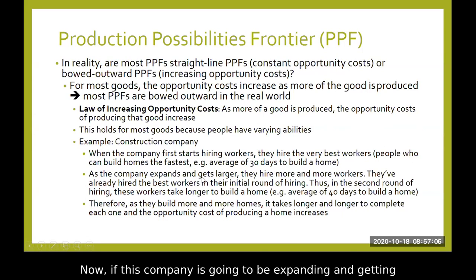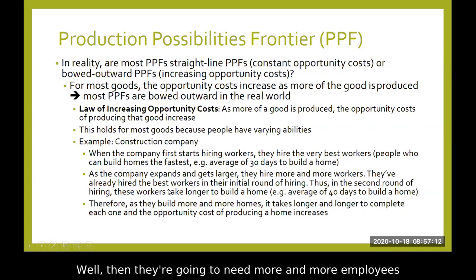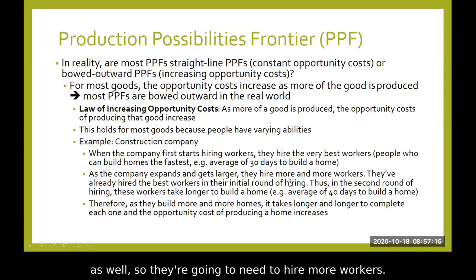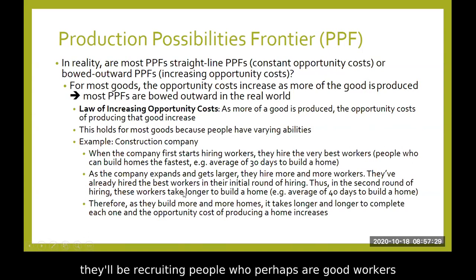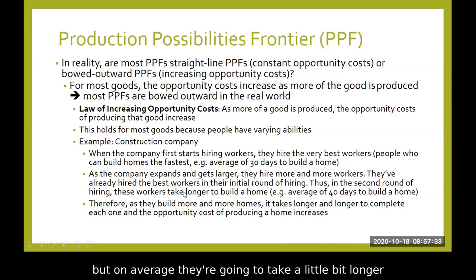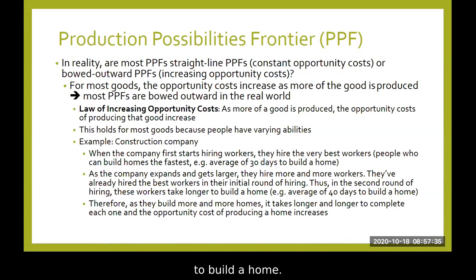Now, if this company is going to be expanding and getting larger, let's say they need to build more and more homes, well, then they're going to need more and more employees as well. So they're going to need to hire more workers. Because they already hired the very best workers in the first round of hiring, in the second round of hiring, they'll be recruiting people who perhaps are good workers, but on average, they're going to take a little bit longer to build a home.